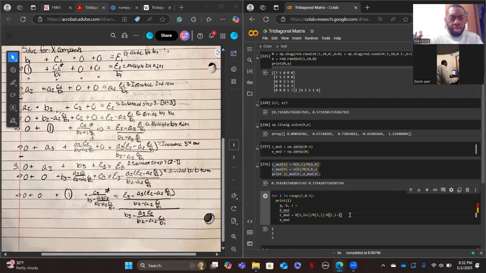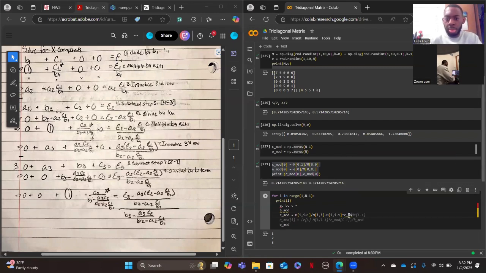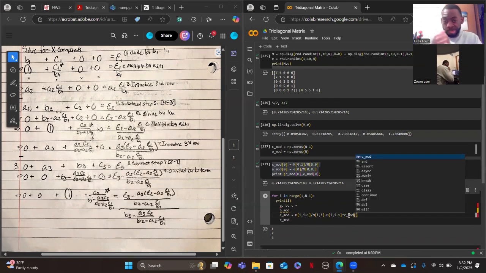times our C1, which is our C mod that we already have, because we know our C mod is already our C1 divided by B1. So we can just say our C mod at, does it be I in this case?